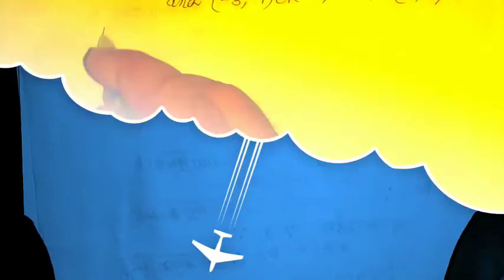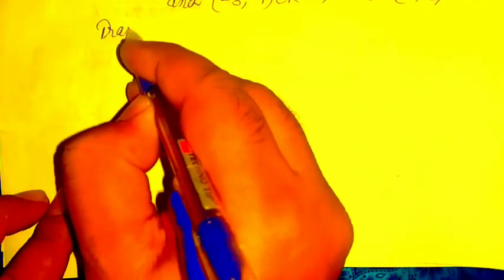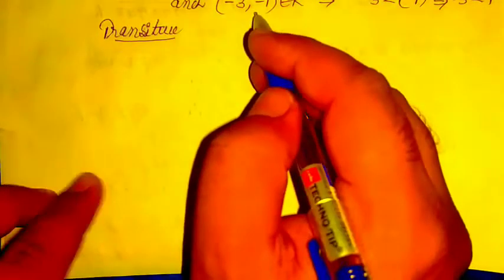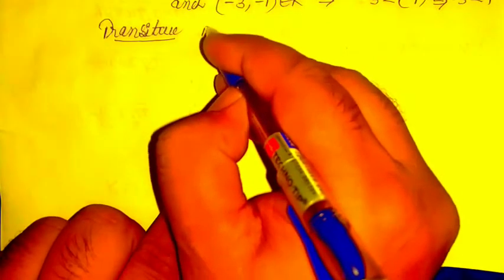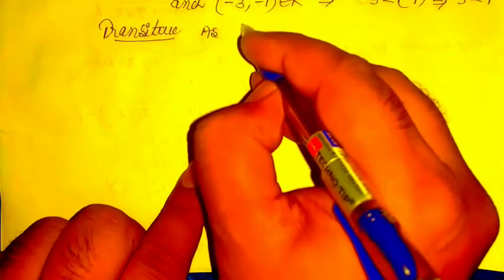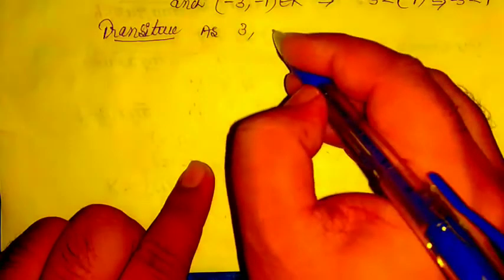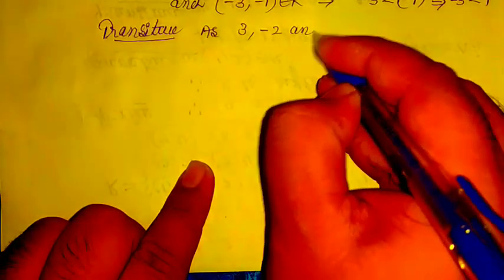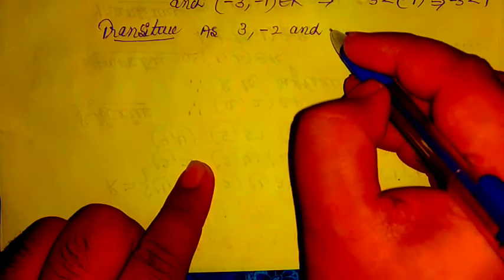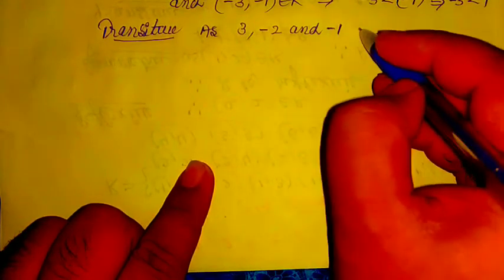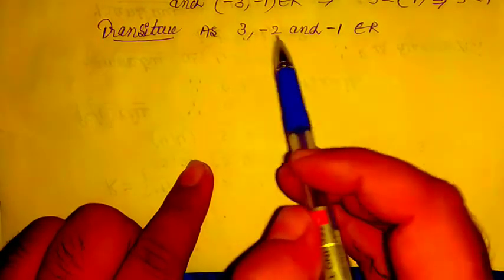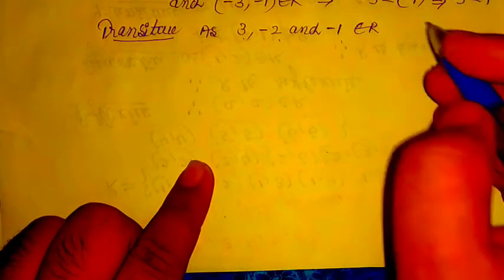Now see next. We need to take three values, any values, not the same as I took. So we take 3, -2, -1.